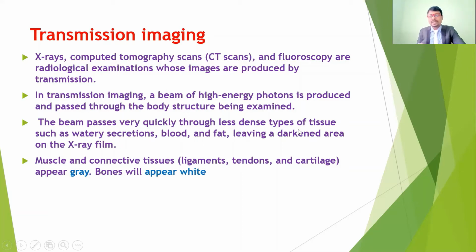For example, if anybody has any abnormality or any cancer or any extra tissue growth, this beam of X-rays, high energy photons, is produced and passed through the structure we are going to examine. These beams pass very quickly through less dense tissues such as secretions, blood and fat, leaving a darkened area on the X-ray film.